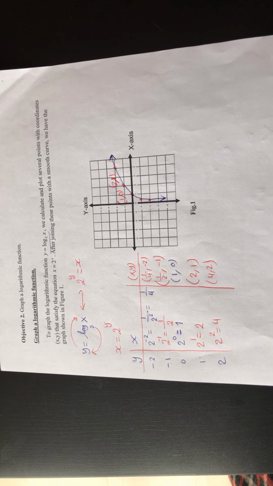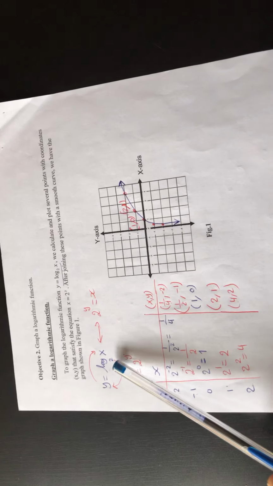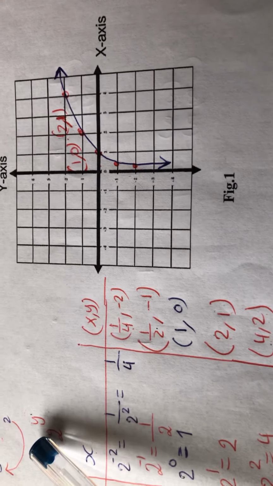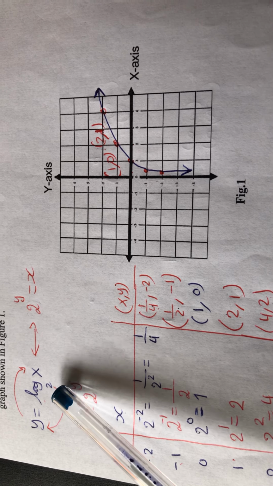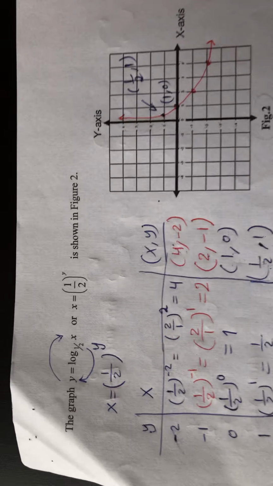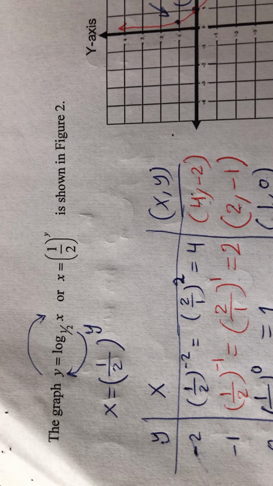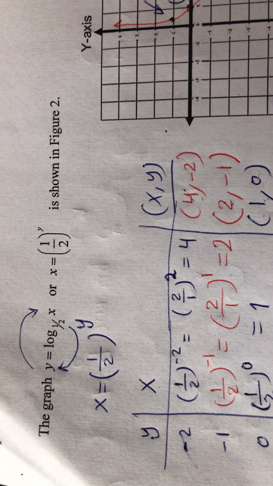If the base is between 0 and 1. So here in this example, the base is 2, which is greater than 1. Let us take the base b between 0 and 1. So for example, graph y equals log with base 1/2 of x.